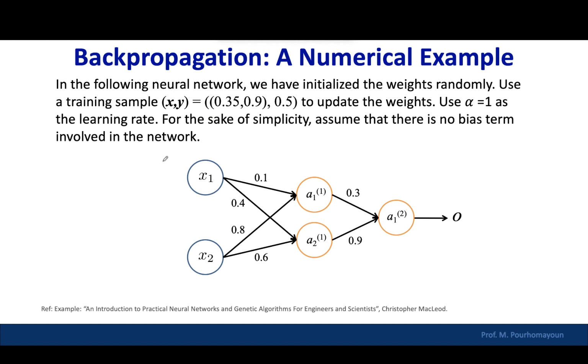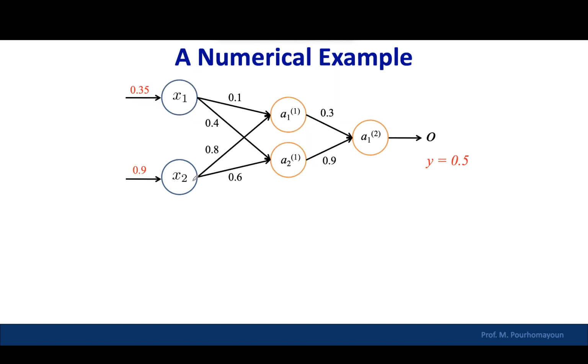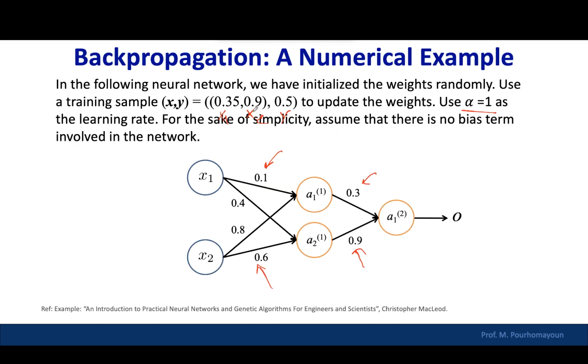It has two features, X1 and X2, and this is Y. The learning rate is 1. I randomly initialize the network with these random numbers and I want to train it using one single sample. So look at this, X1 is 0.35, X2 is 0.9 and the output is 0.5.